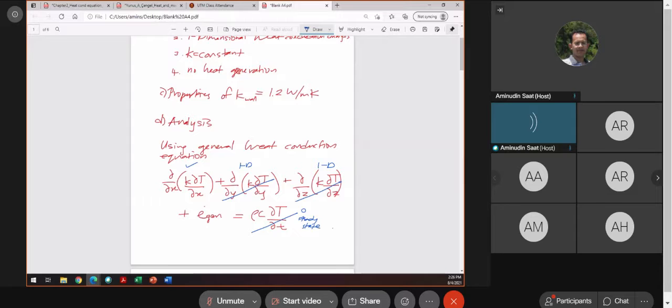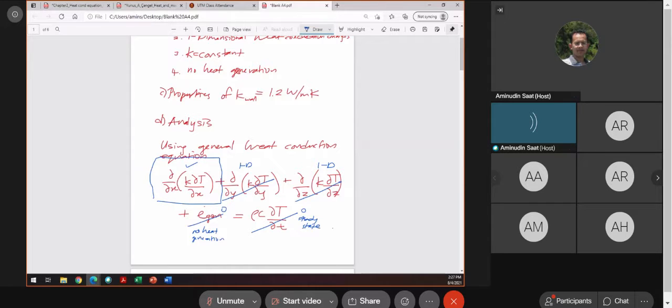And the fourth one is no heat generation. That means there is no term of heat generation here. So the remaining term is only this term.